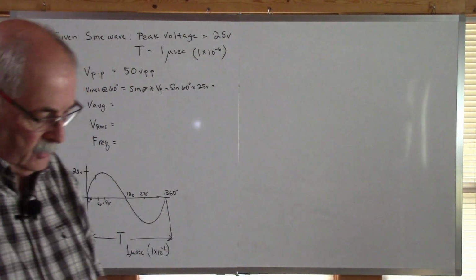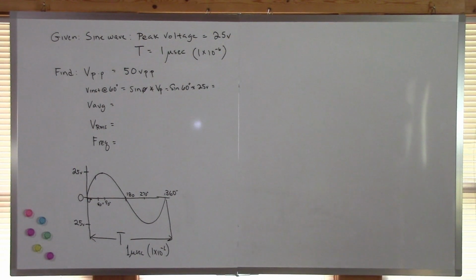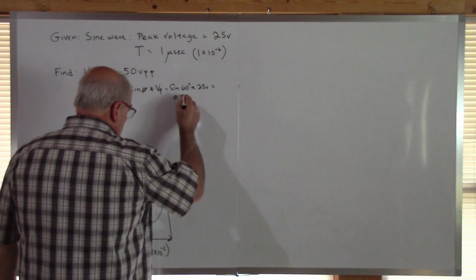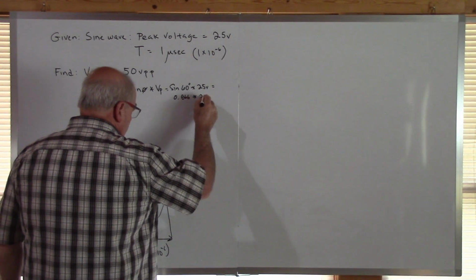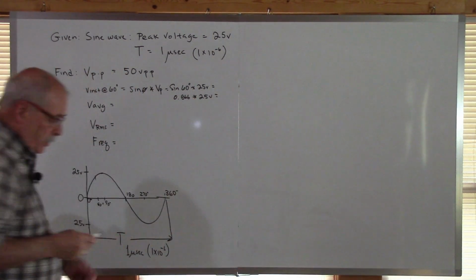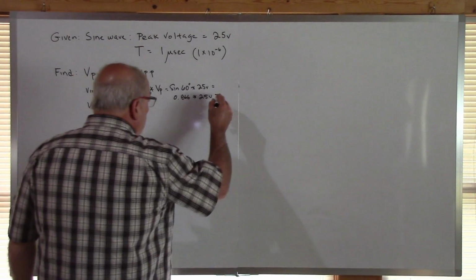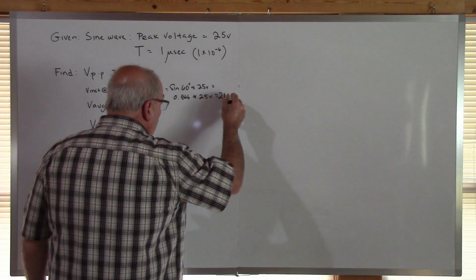All right, so I'm taking the sine of 60 degrees, and I'm coming up with 0.866. So this would be 0.866 times 25, which is 21.65 volts.